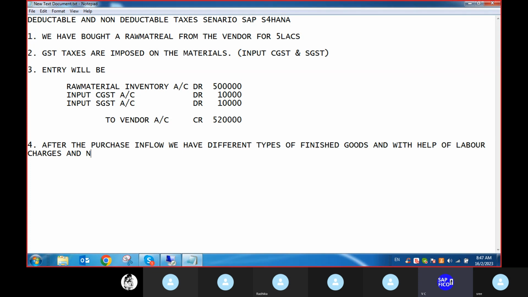Just observe the scenario, all of you. You have bought a raw material from the vendor, then you make it into finished goods. After the completion of the finished goods, you want to sell the product to the particular customer.